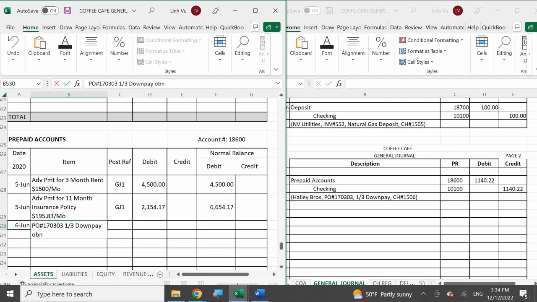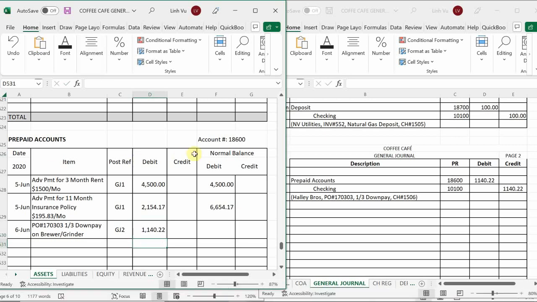On brewer / grinder. Okay. We're on general journal page 2. And therefore we're going to increase my prepaid accounts by 1140.22.